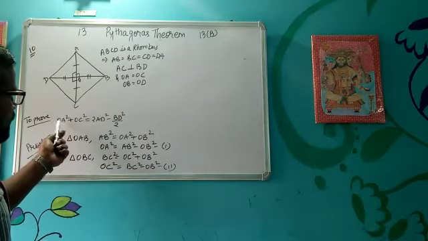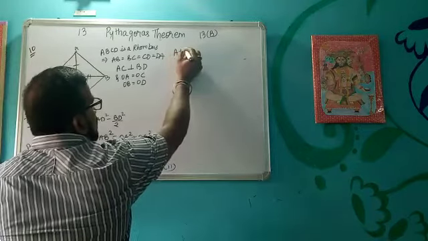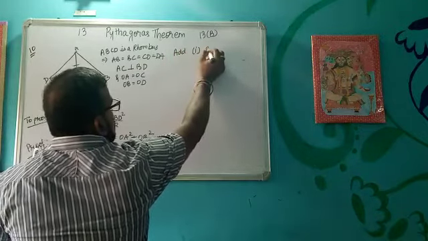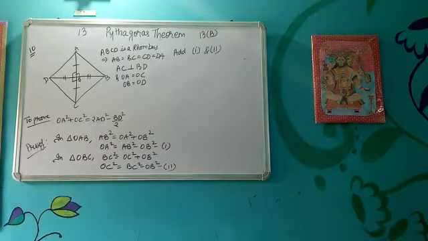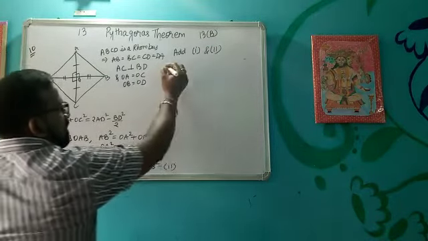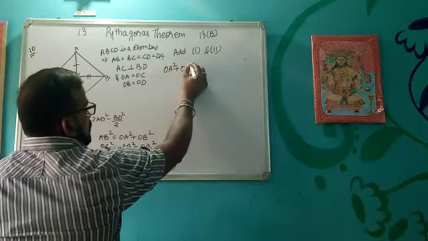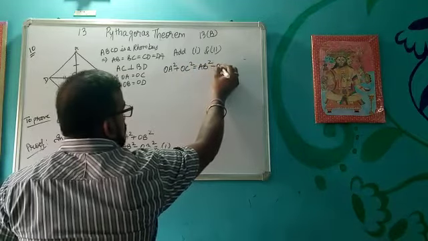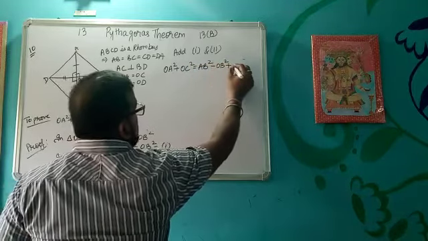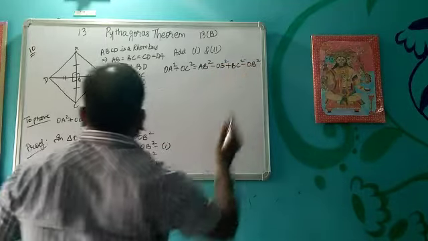Now what I need, we need the sum of these two. So I will add 1 and 2. So when I add 1 and 2, what will I get? OA square plus OC square equal to AB square minus OB square plus BC square minus OB square.